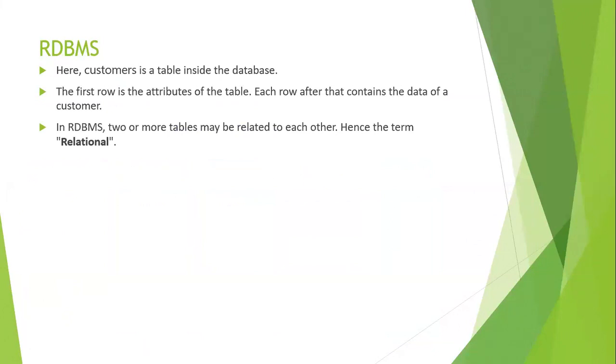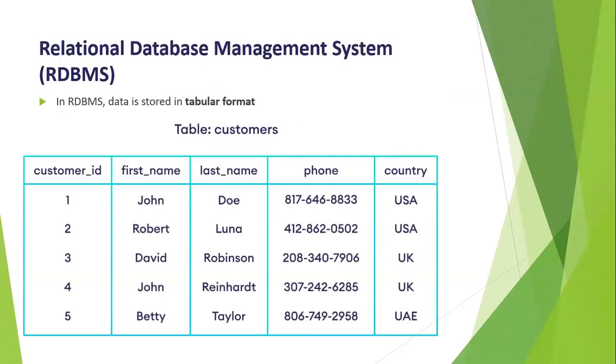So as I said, in RDBMS we can relate these tables. That's why it is called relational. We'll see later how we can relate the tables. But for now, just remember the data is in tabular format in the RDBMS system.